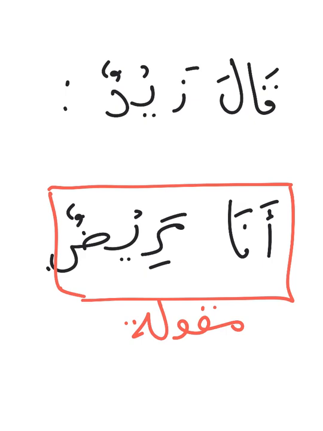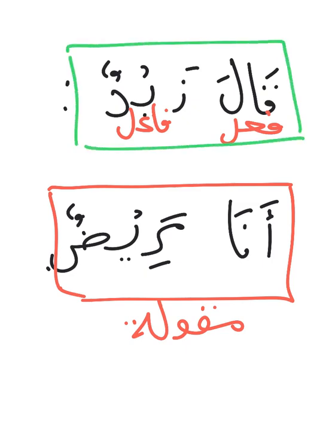So قال زيد. قال is the fa'il, Zaydun is the fa'il. Fa'il and fa'il together become a jumla fi'liya, a verbal sentence. Okay? And then it becomes qawl. Then the qawl plus the maqula together becomes the final sentence. It will become jumla fi'liya.